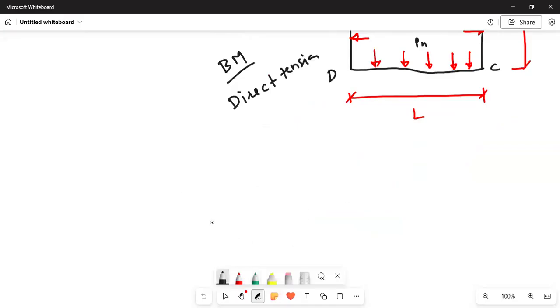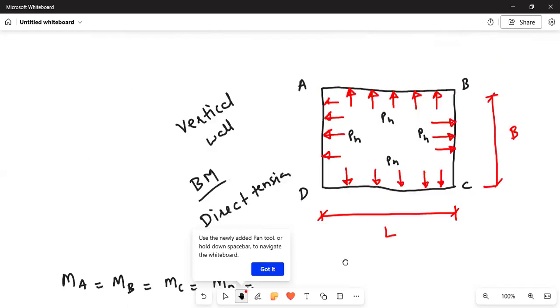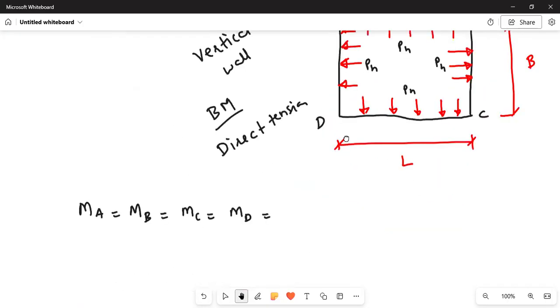In the vertical wall design, we'll get the bending moment with respect to the lateral pressure. So the corner bending moment is MA equal to MB equal to MC equal to MD. You see, I have defined the corners A, B, C, D. So you will get the bending moment at the corners, and also at midspan, and you have to calculate those bending moments.